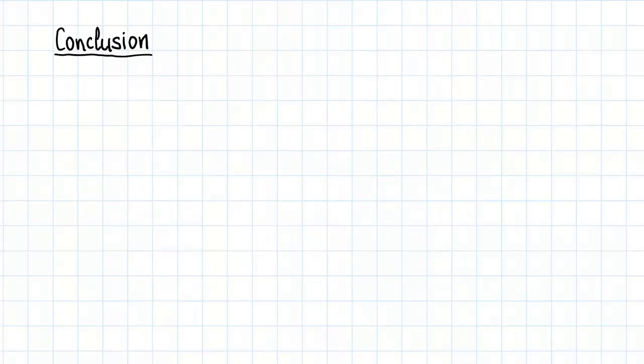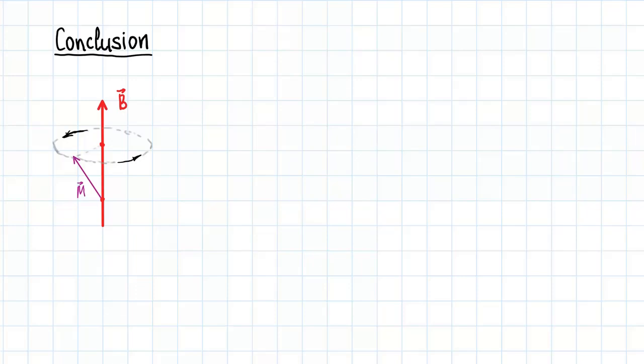Okay, now I would like to conclude this video lecture. In this video, I have shown 3 ways to describe mathematically the precession of a magnetic moment in a magnetic field. The first method was based on classical theory, employing basically Newton's law for the description of the motion of a magnetic moment.